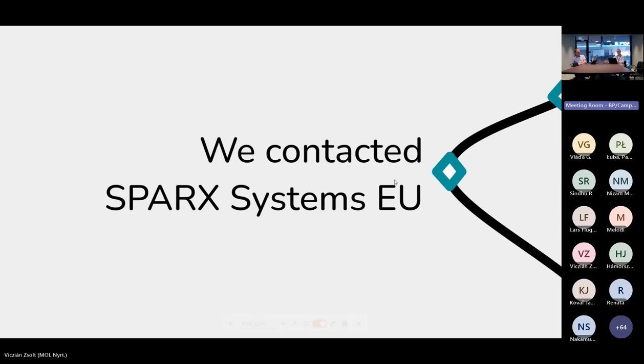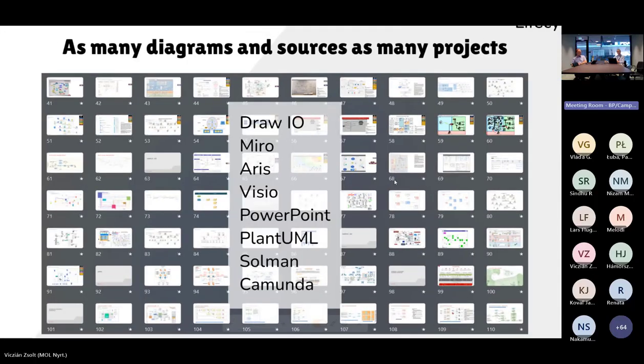But then we went ahead and contacted Sparx Systems Europe, and we met with Horst and Bob, who helped us a bit on our journey. For example, one of the things they asked for was for us to collect the different models that we are using in the organization so they could look at what we have.